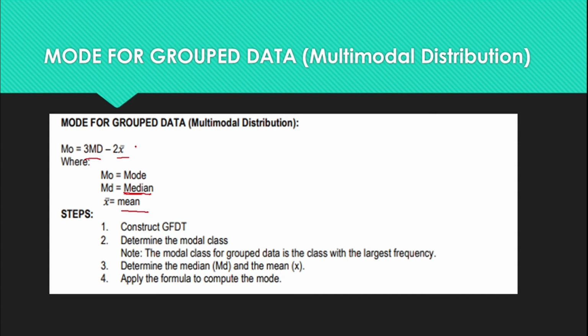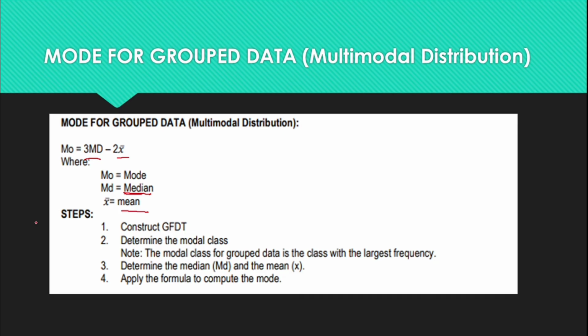First, construct the group frequency distribution table and determine the modal class. The modal class for group data is the class with the highest frequency. Determine the MD and the mean, and apply the formula to compute the mode.